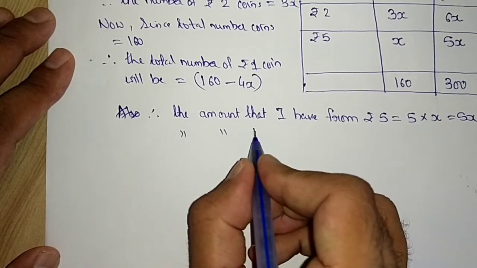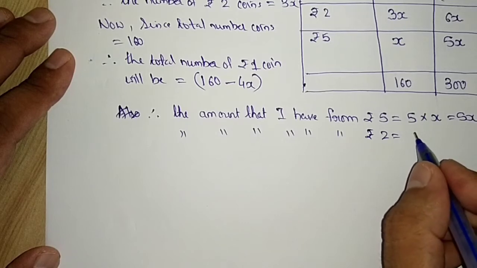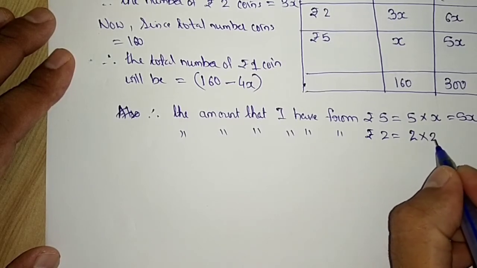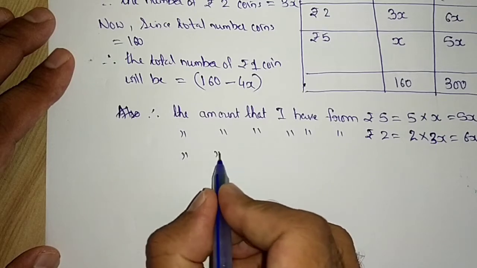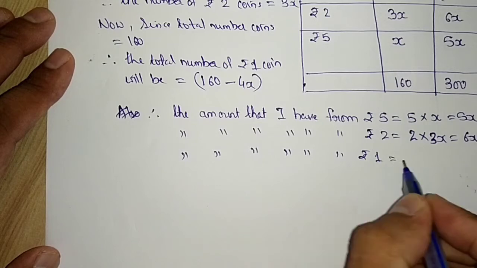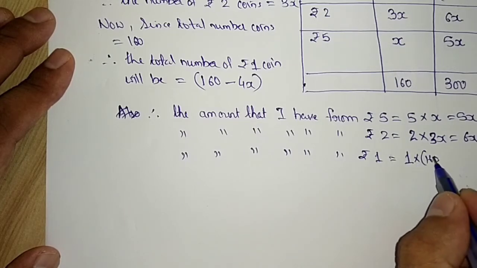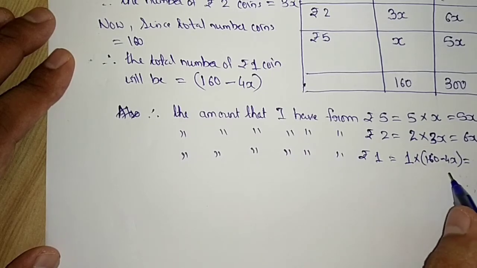Similarly, the amount that I have from rupees 2 will be: the value of 2 is 2 and the number of coins is 3x, so it will become 3 2s are 6x. And the amount that I have from rupees 1 is equal to: the value of 1 is 1 and the total coins of rupees 1 is 160 minus 4x, so my answer will be 160 minus 4x.